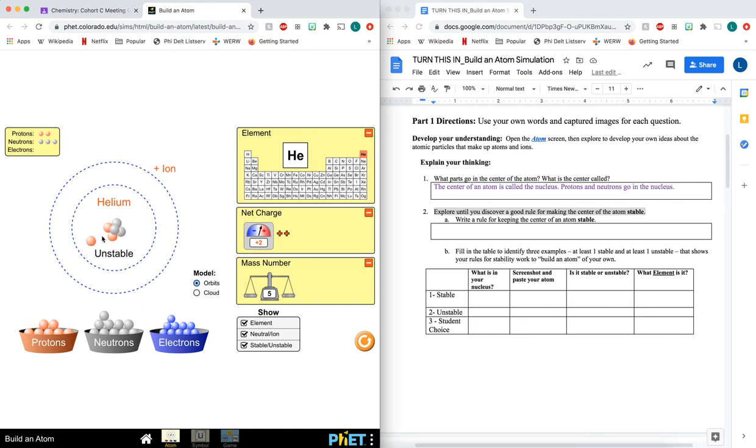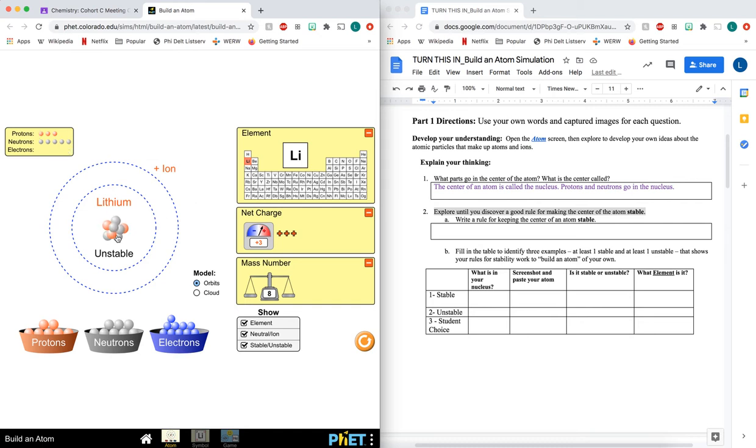So I can take another proton and I can put that in there. Okay, 3 to 3, stable. Let me add in another neutron. Also stable. Let me add in another neutron. Now we're unstable. So when we have a considerable amount more neutrons than protons, it becomes unstable.